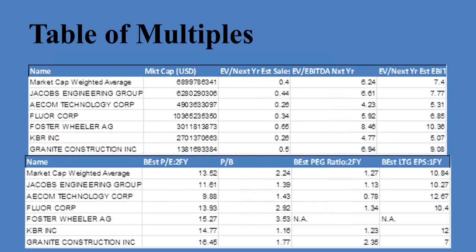Also, there's the price to earnings ratio, which shows the same results as EV to EBIT, except it also reveals the capital structure of the company. So KBR has taken on a lot of debt to inflate their PE in comparison to their position within EV to EBIT.